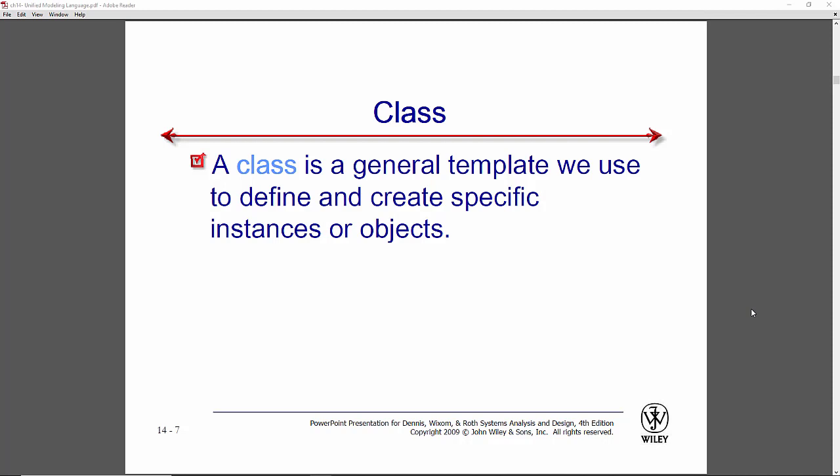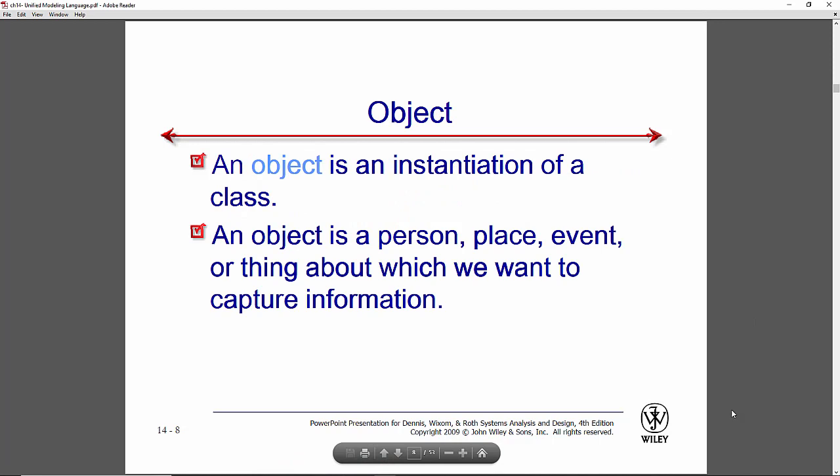That is, the class is the general template, but it's capable of stamping out specific objects or instances of that class. And an object is an instantiation of a class. Classes are abstract, objects are concrete. An object is a specific concrete person, place, event, or thing about which we want to capture information.